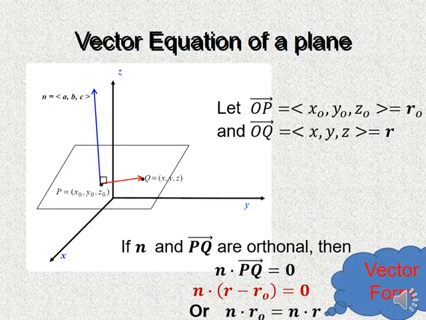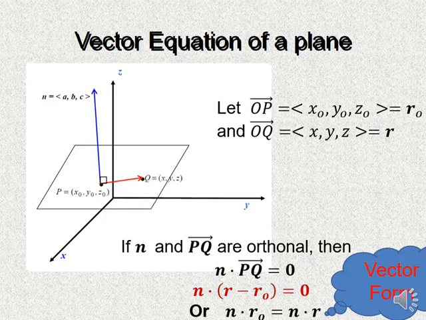Now this n is normal to the plane, so it means any vector in the plane is also normal to n. So if we dot the two vectors, the vector in the plane and the normal vector, we get 0. That's from the dot product, as you can observe here.